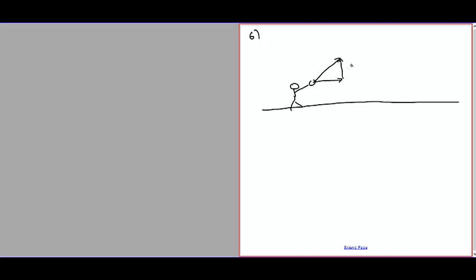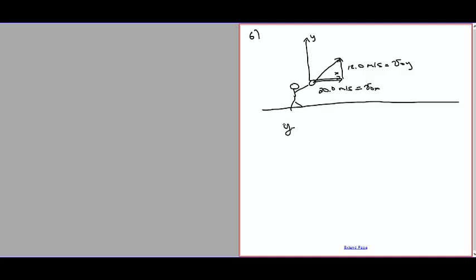It says the upward velocity component, which is the vertical component, is 12.0 meters per second. That's v0y. And the horizontal component is 20.0 meters per second, and that is v0x. And we'll define the coordinate system here so that positive x goes from left to right, positive y goes up.